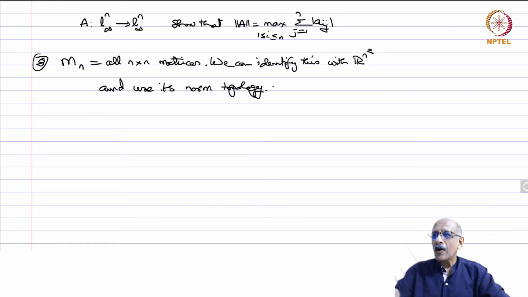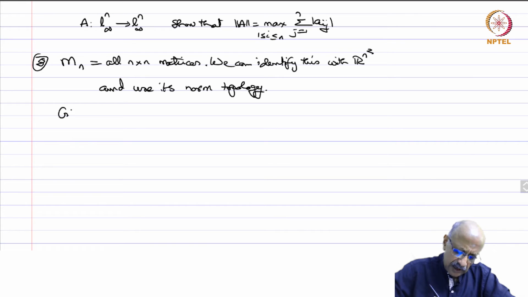Since all norm topologies are equivalent, it doesn't matter what you are going to use. So I am going to identify Mn as a big vector, in which I string out all the rows or all the columns, and I get an n square dimensional vector, and so be it. So GLn is invertible matrices.